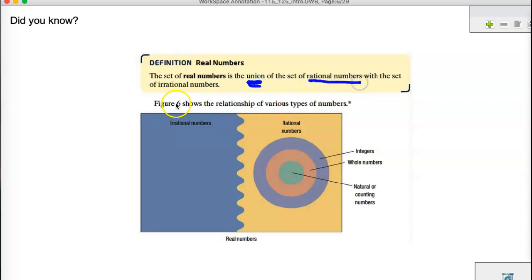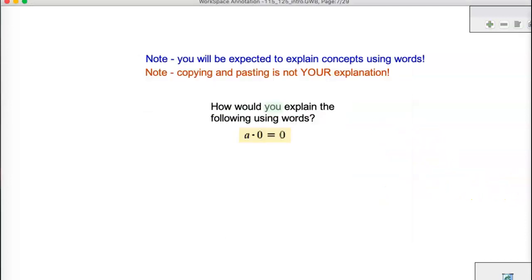The rational numbers and the irrational numbers. However, rational numbers also include integers, whole numbers, and natural numbers. Are you able to tell me how the set of whole numbers is different from the natural numbers? Did we get that from the video? So when you're going through these videos, you've got to make sure you're paying attention to detail, okay?